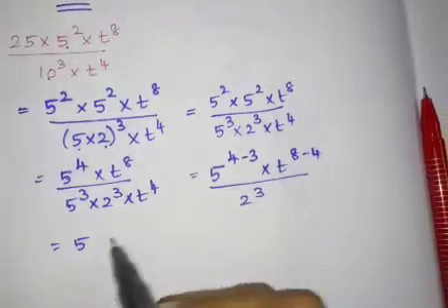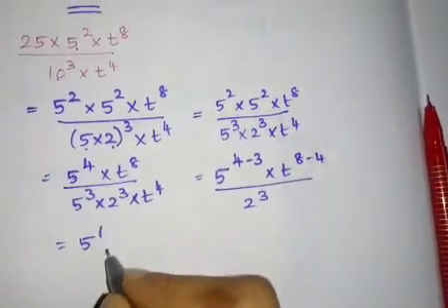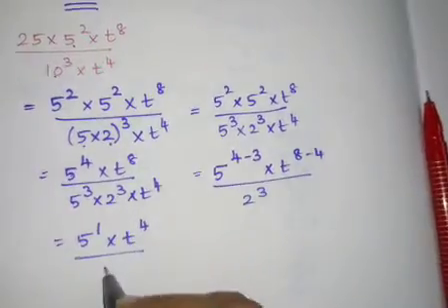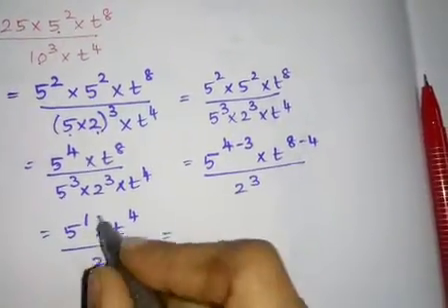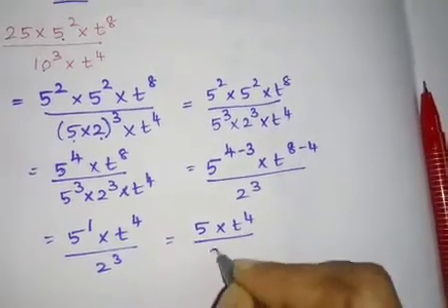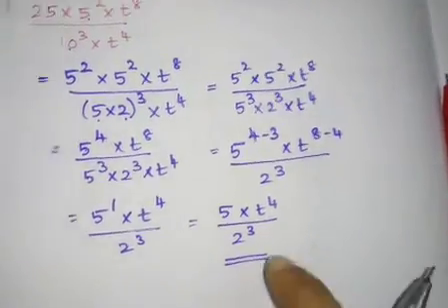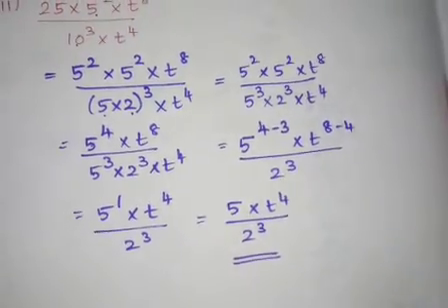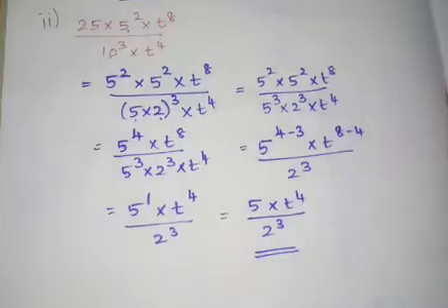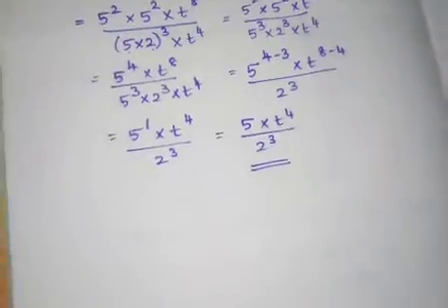So 5 power 4 minus 3 is 1, into t power 8 minus 4 is 4, divided by 2 cube. 5 power 1 is 5, into t power 4 divided by 2 cube. This is your answer, because this is itself the simplest form.